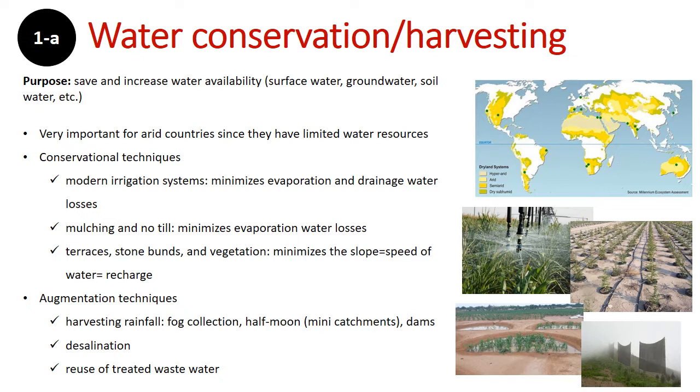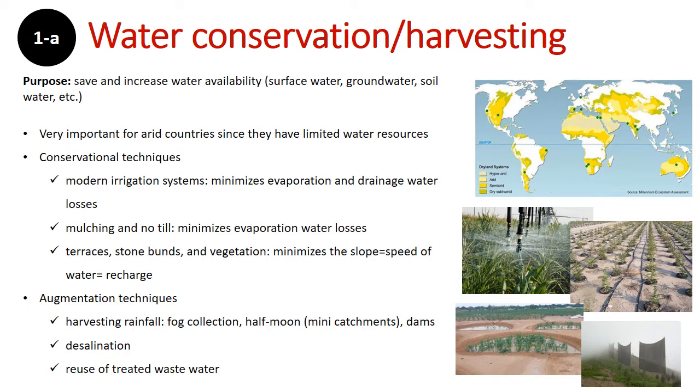Terraces, stone bunds, and vegetation can also work very well to minimize the risk of erosion, by which when you control the slope of the land, you are basically controlling the runoff and giving the water more chance to be infiltrated into the soil and recharged instead of flowing over the surface and being lost.